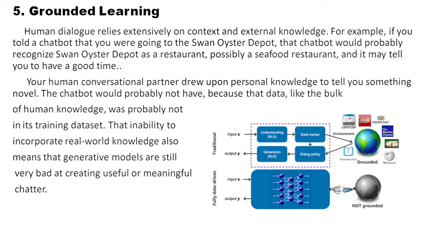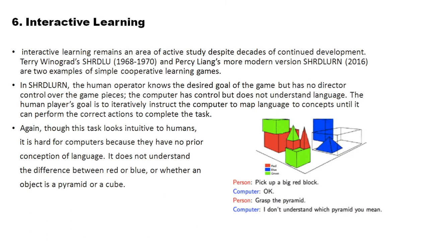Your human conversational partner drew upon personal knowledge to tell you something novel. The chatbot would probably not have it because the data, like the bulk of human knowledge, was probably not in its training data set. That inability to incorporate real-world knowledge also means that generative models are still very bad at creating useful or meaningful chatter.